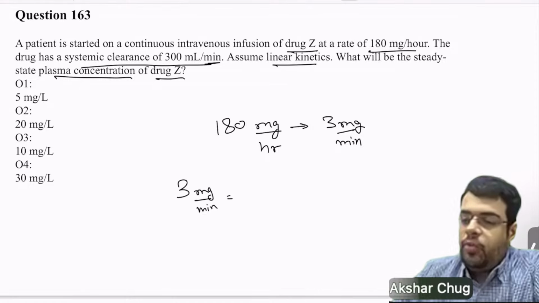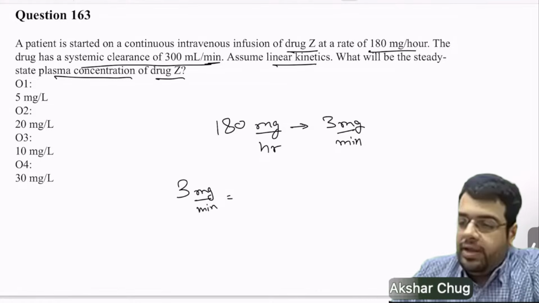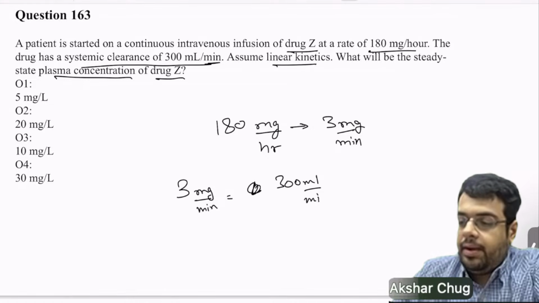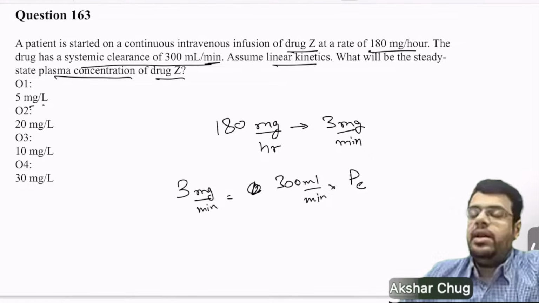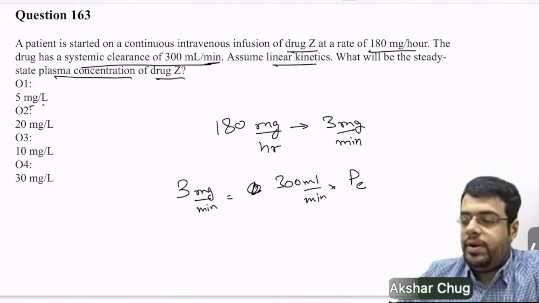The output would be clearance into the steady state plasma concentration. So clearance, which we are already given as 300 ml per minute, into the steady state plasma concentration. Now the plasma concentration we are given in milligram per liter, and here we have the clearance in ml. So we need to convert it into liter.